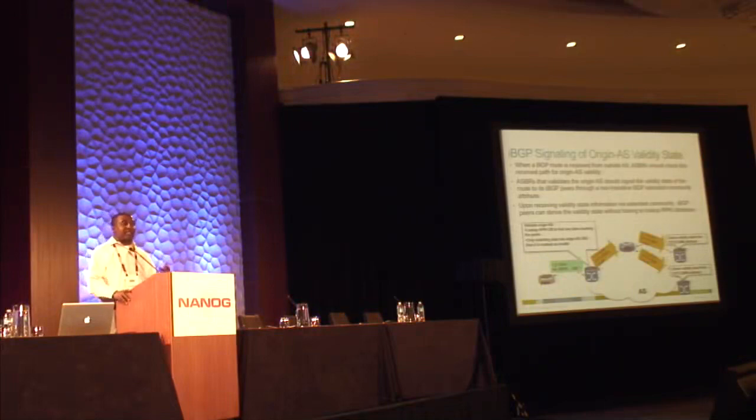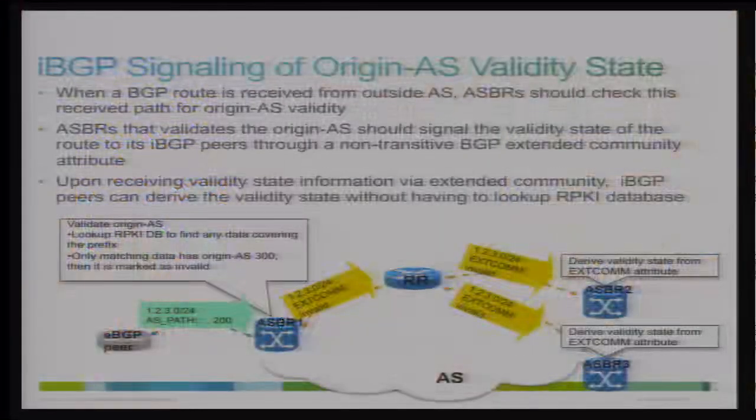The information can be signaled via the origin AS validity state, a new extended community that indicates whether the status of the AS origin validation is valid, invalid, or unknown. Based on that, you'll make a decision whether to advertise or install it, or prefer it, or less prefer it, and so on. It will be a local policy decision.